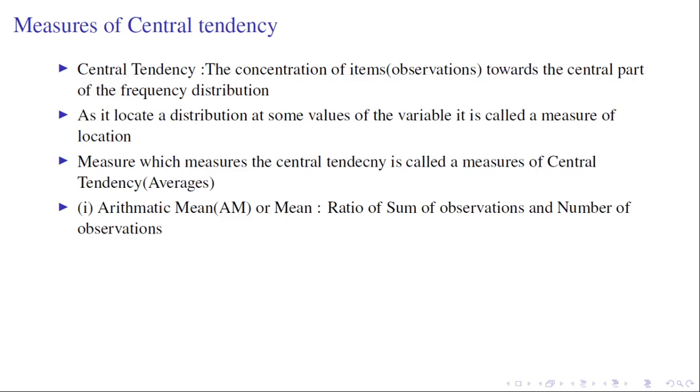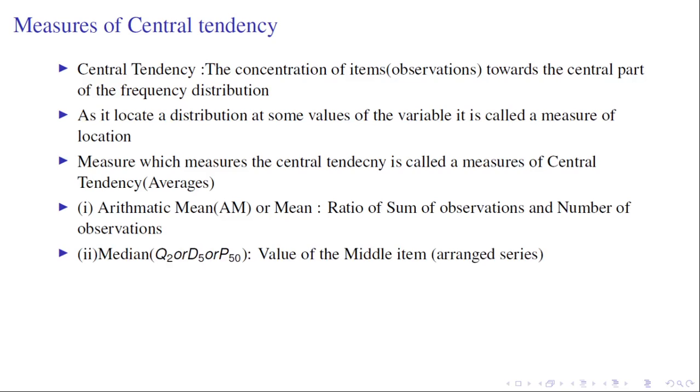Arithmetic mean or simply mean, nothing but the ratio of the sum of observations and the number of observations. Arithmetic mean is given by the sum of observations divided by the total number of observations. Next measure is median, denoted Q2, D5, P50.